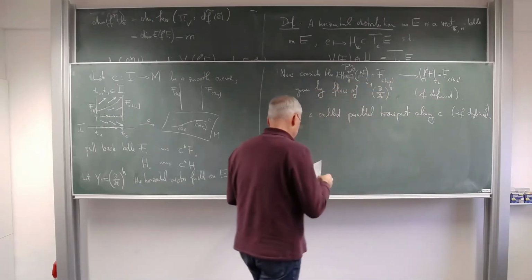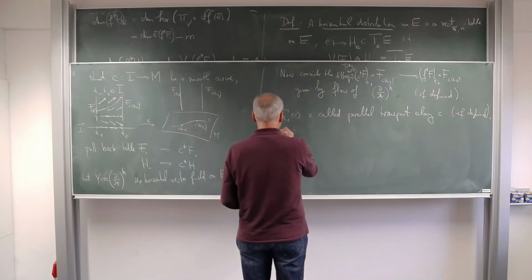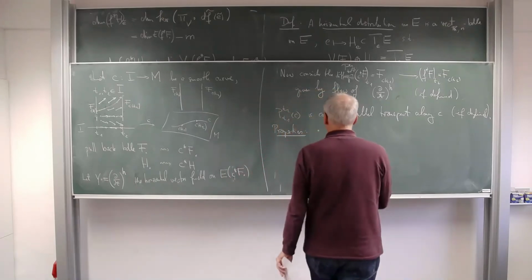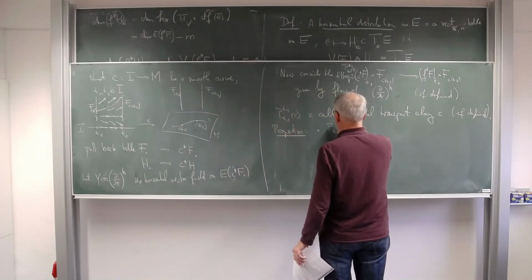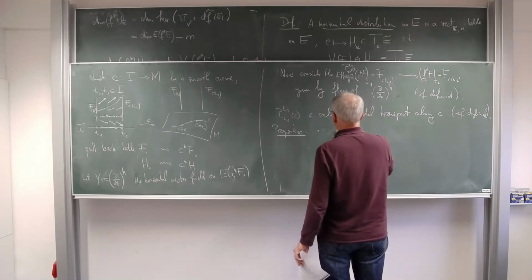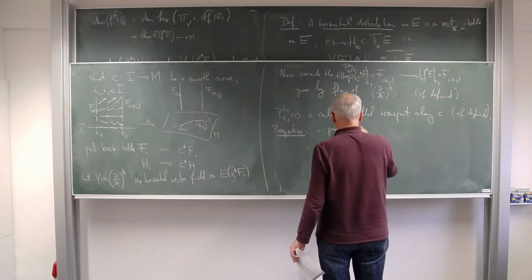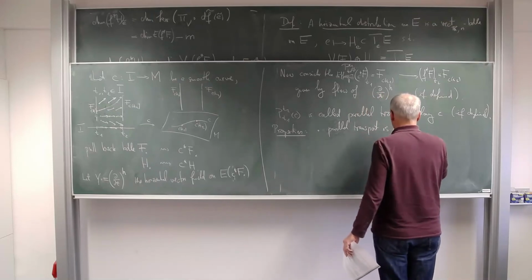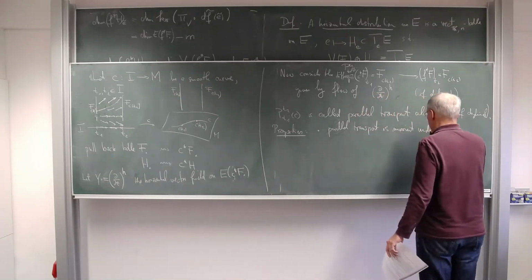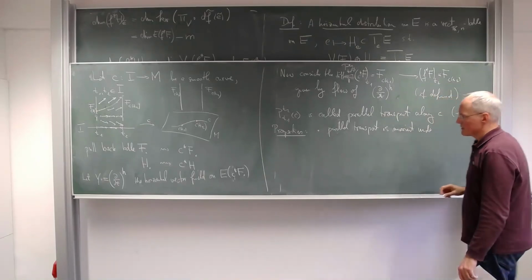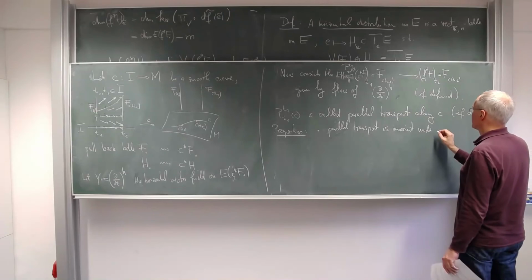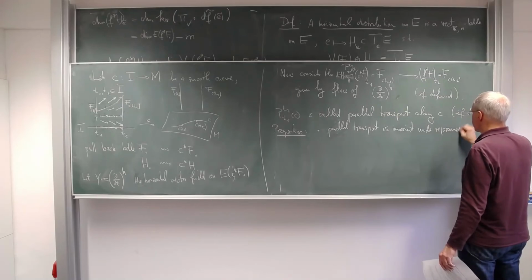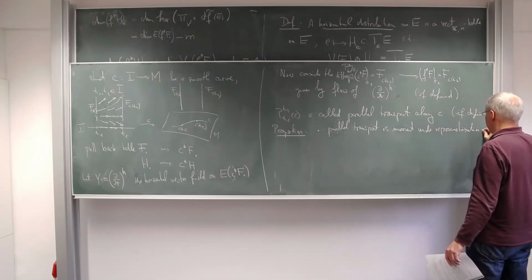Okay. And well, properties. First of all, parallel transport P_{t1,t2} is invariant under reparameterization of the curve, let's say orientation preserving reparameterization.